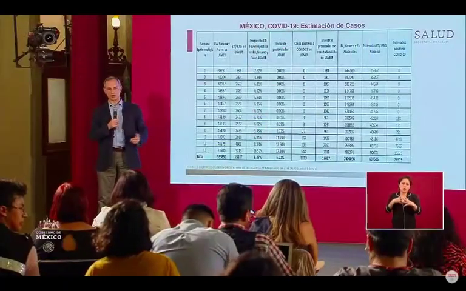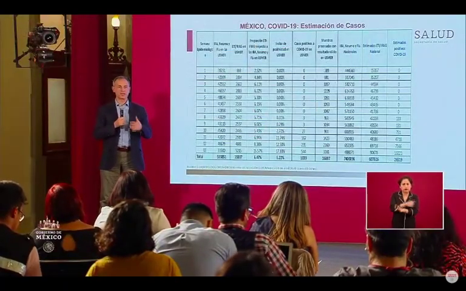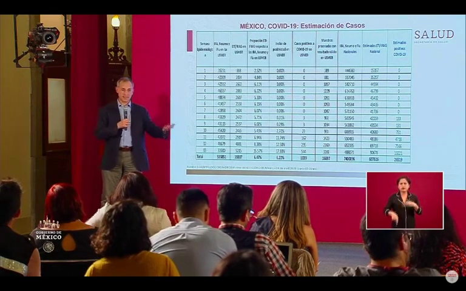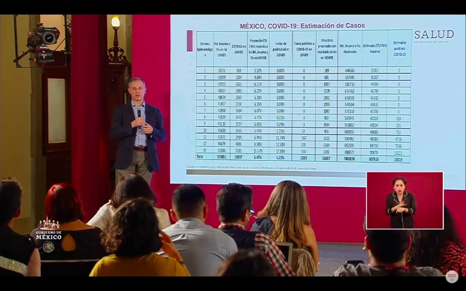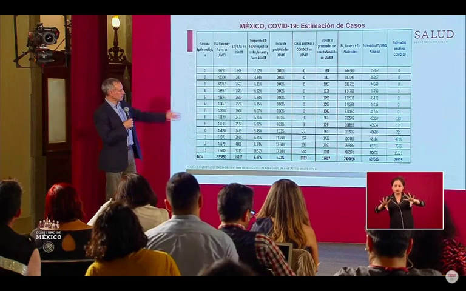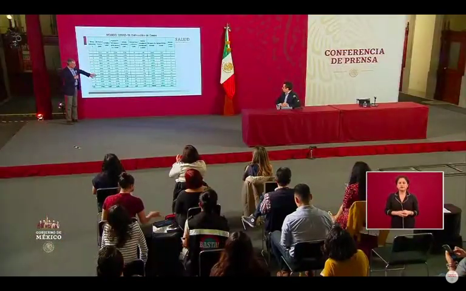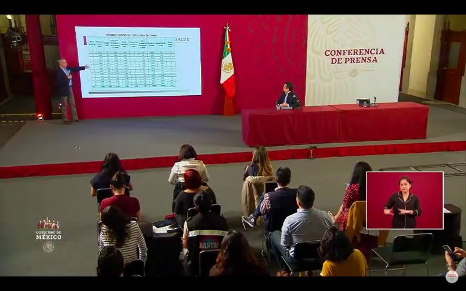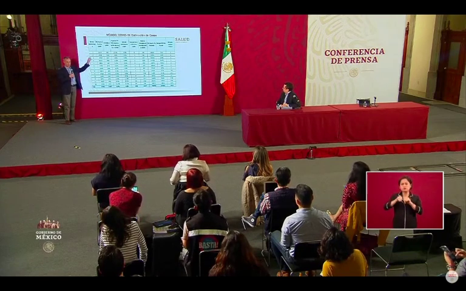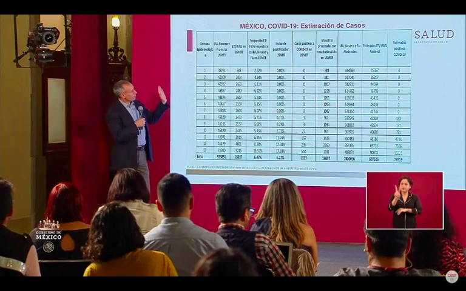This vigilance model also contemplates aspects such as comorbidity, whether they are smokers, whether they have hypertension, if they were hospitalized, for how long. It's a pretty diverse range of information that is collected by this vigilance strategy.